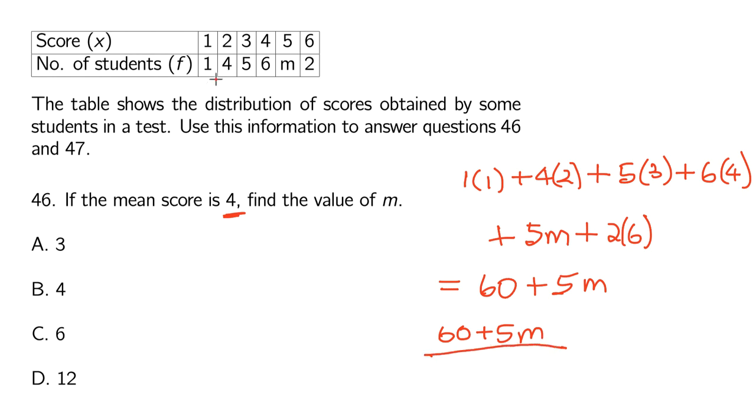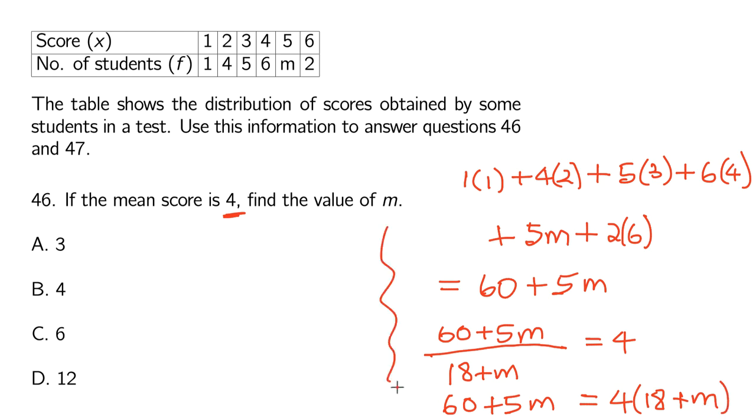Let's find that. We have 1 plus 4, 5, plus 5, 10, plus 6, 16, plus 2, 18, so 18 plus m. 18 plus m equals 4. Simplifying further, we have 60 plus 5m equals 4 times 18 plus m.